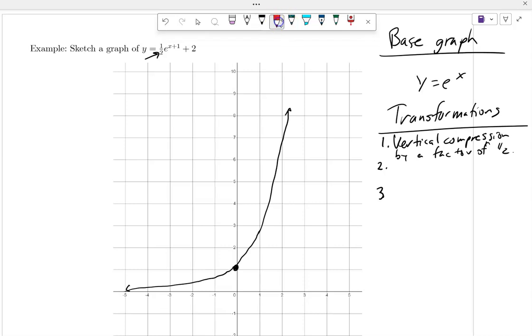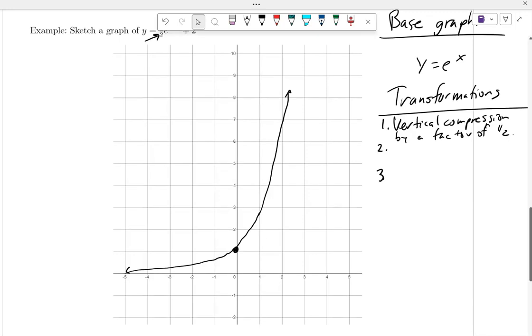So if I draw that one in here, I'm just going to put one helping point in here to help me out. Instead of the y-intercept being at 1, where will the y-intercept now be? At 1/2, right? So I should have something that looks roughly the same, but flatter, right? Again, we're just looking for basic shape, right? We're not trying to get anything super fancy. Okay? That part okay? That's our first one.